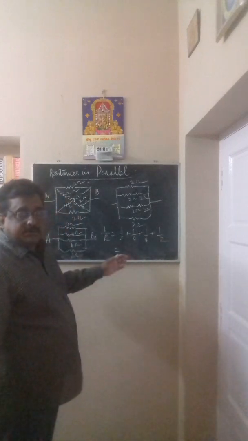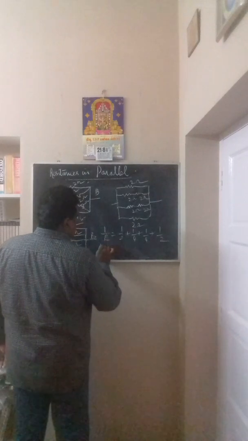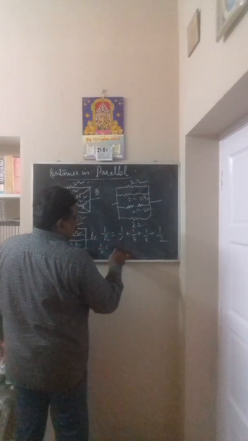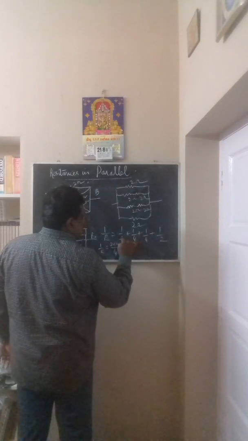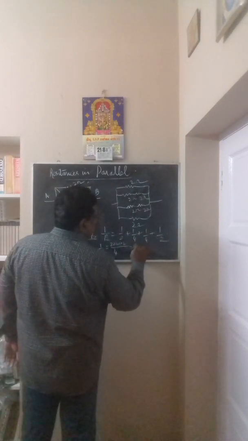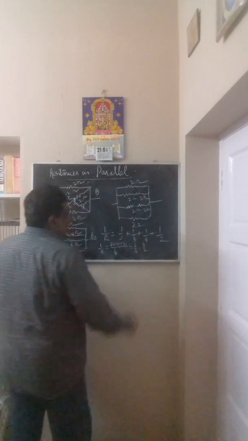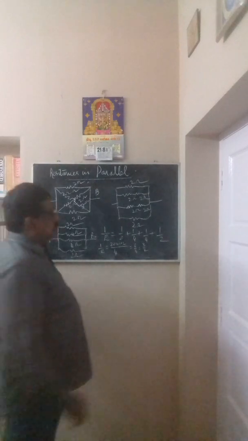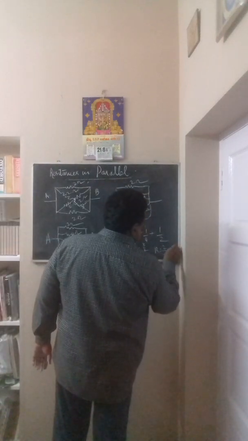Take the LCM 4, so it will be 2 plus 1 plus 1 plus 2, so 6 by 4, which is 3 by 2. So 1 by R is 3 by 2, so we say R is equal to 2 by 3 ohms.